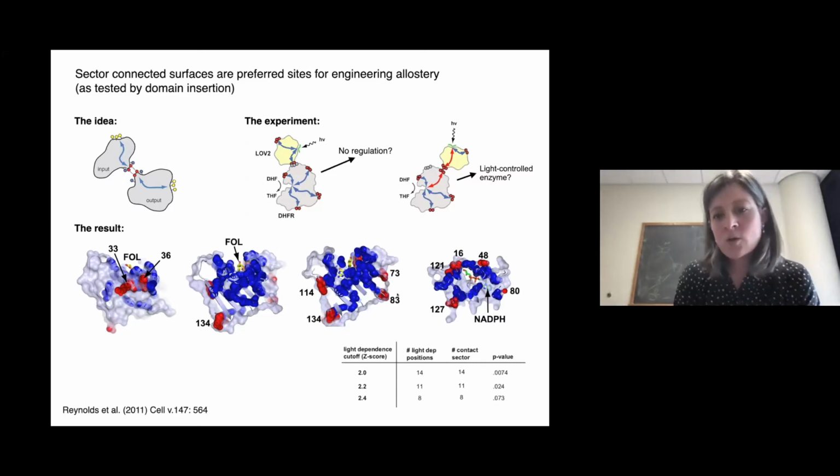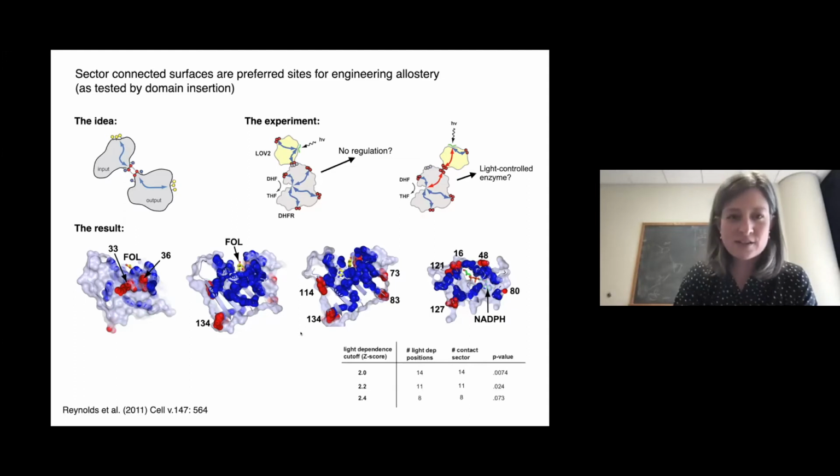In fact, we never saw light-dependent regulation of DHFR at a non-sector site, so this case never led to regulation. We did see regulation at about 40% of these sector-connected surfaces. So not perfect, but with some probability you get light-based control. And this result was statistically significant over a range of cutoffs for either defining these sector positions, these co-evolving positions, or a range of cutoffs for the significance of light dependence in our experiment.